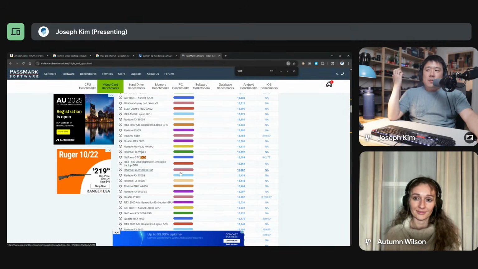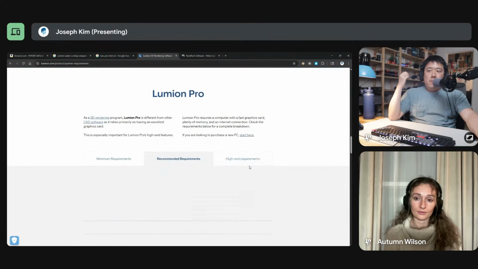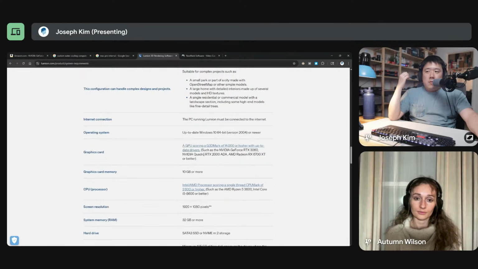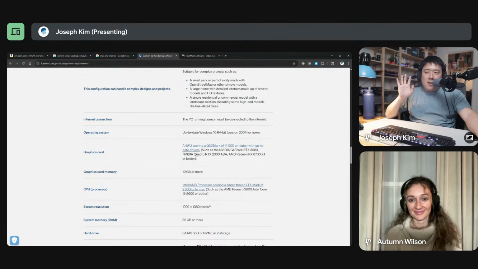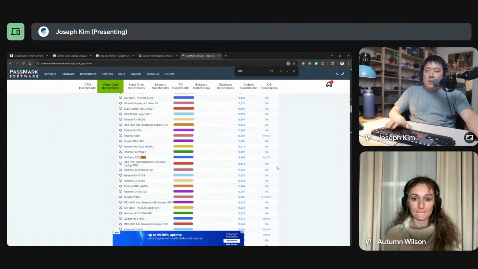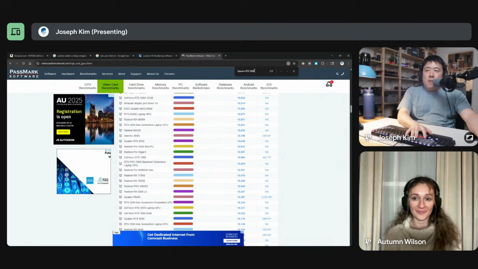You can also look at things like recommended. So Quadro RTX 2000. I have no idea what that is, as you do. Quadro cards are not recommended in my personal opinion, but they kind of have to recommend them here. If we were to look at that one, it's not even showing up.